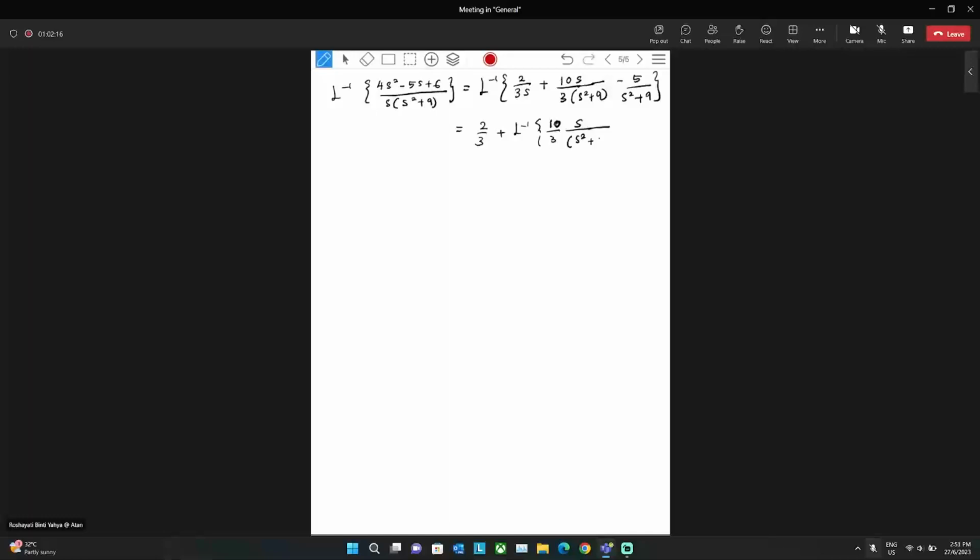So 9 is equal to 3 squared. Over, minus 5 over s squared plus 3 squared.